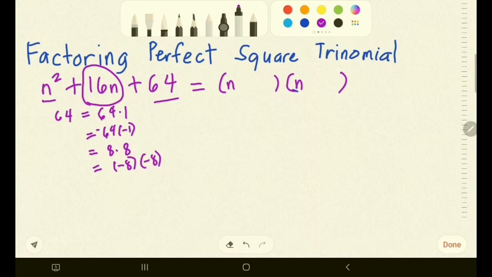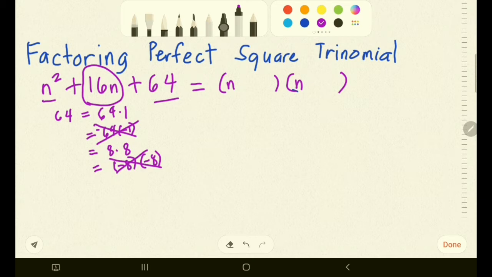Here, we are not going to use negatives because, as you can see, the signs for the second and third terms are both positive. So we omit the chances of using negative factors. Aside from these two choices remaining, there are many actually.